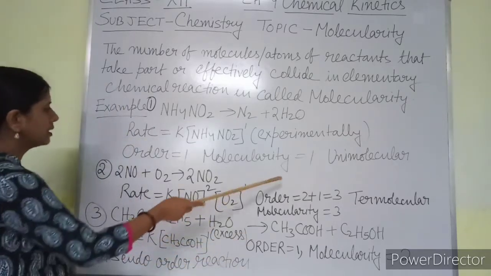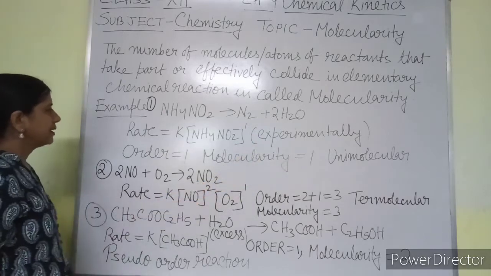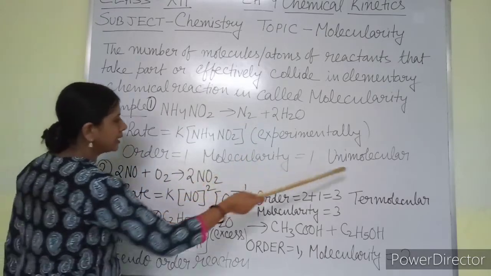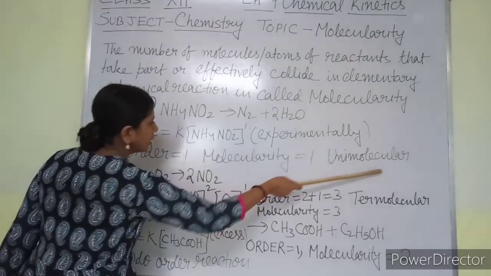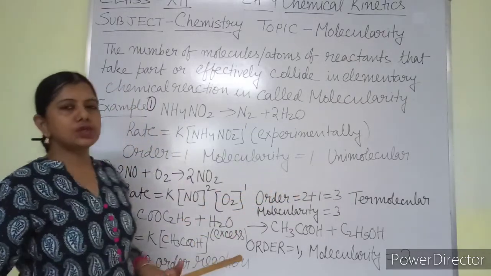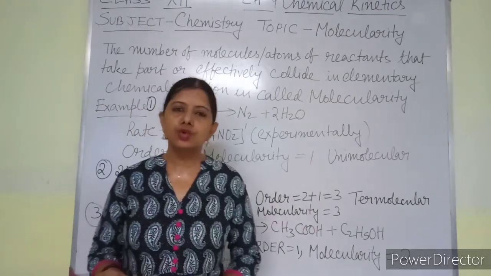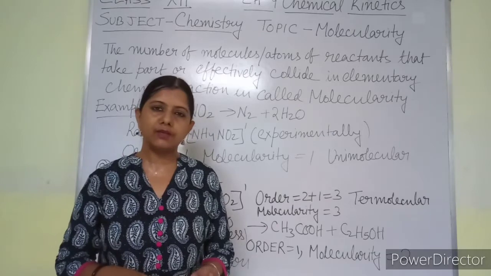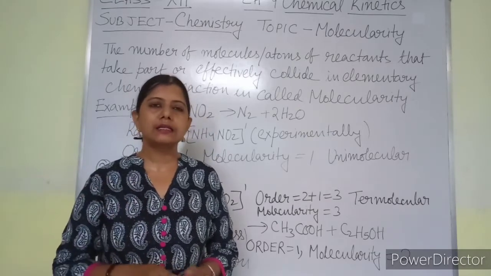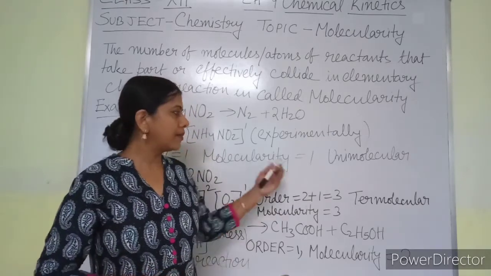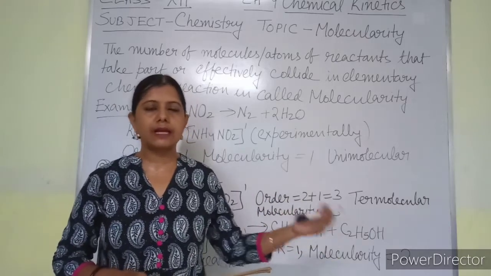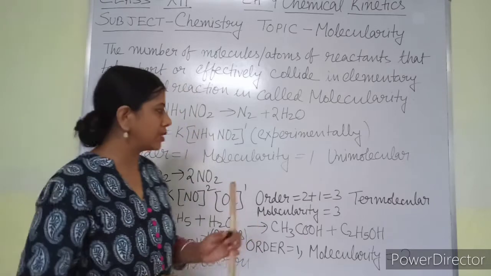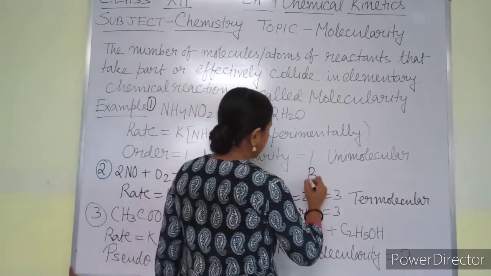So in this case molecularity is 1, and this kind of reaction where the molecularity is 1 is known as a unimolecular reaction. The reaction in which molecularity is 2, suppose 2 moles of molecules are going to collide with each other, in that case the molecularity is 2. I have not given an example of a reaction in which molecularity is 2, but that kind of reaction is known as a bimolecular reaction.